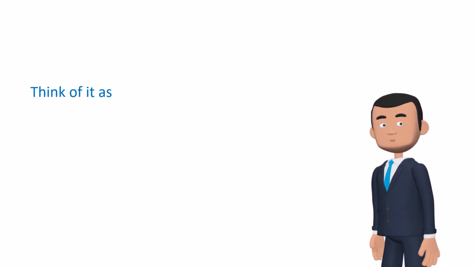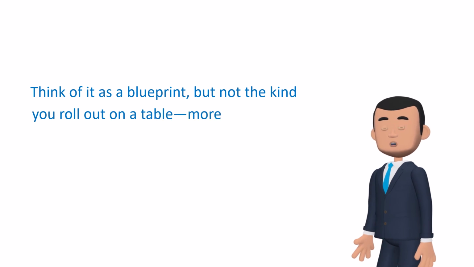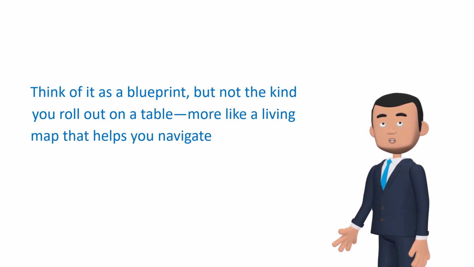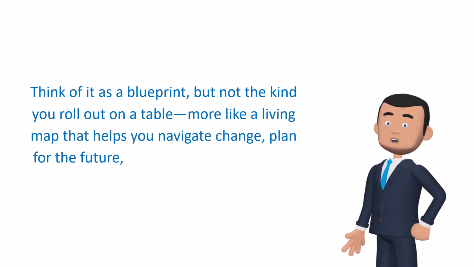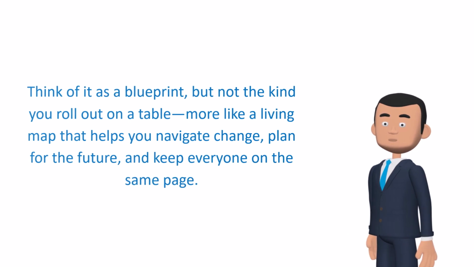Think of it as a blueprint, but not the kind you roll out on a table. More like a living map that helps you navigate change, plan for the future, and keep everyone on the same page.